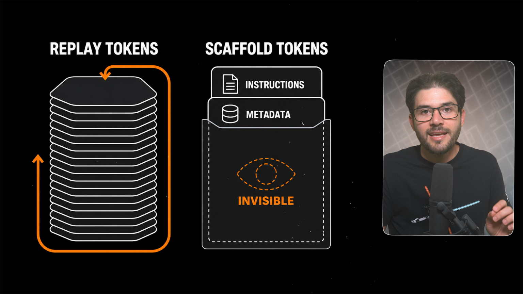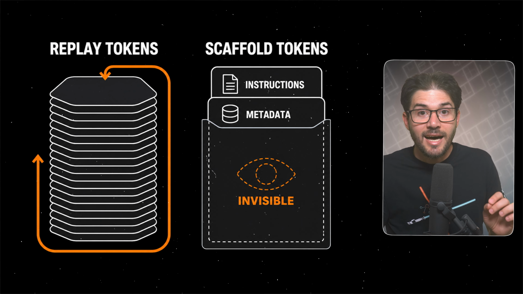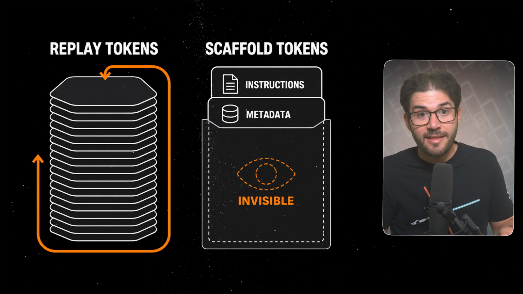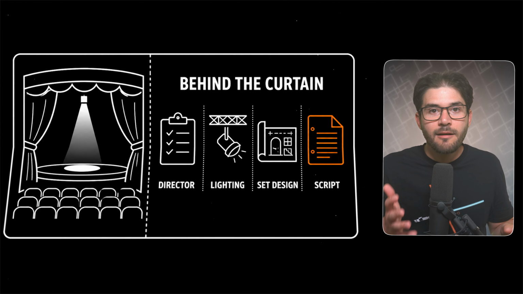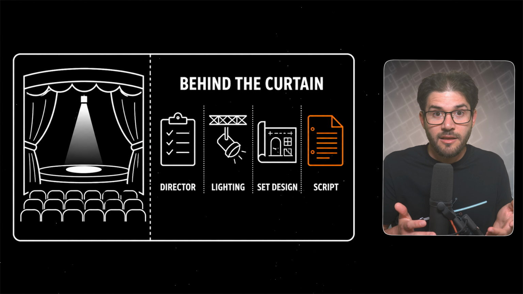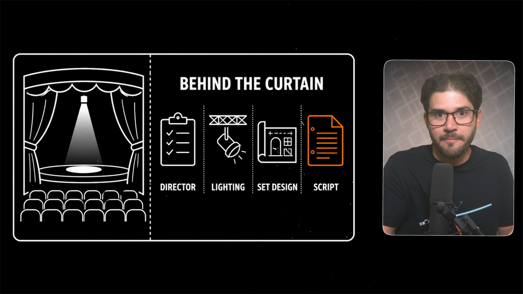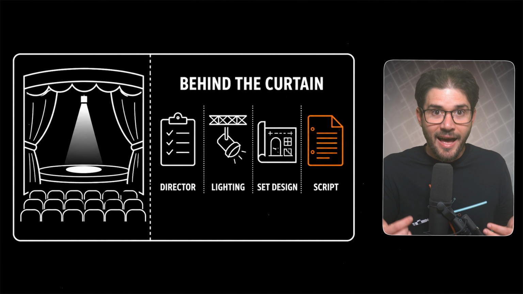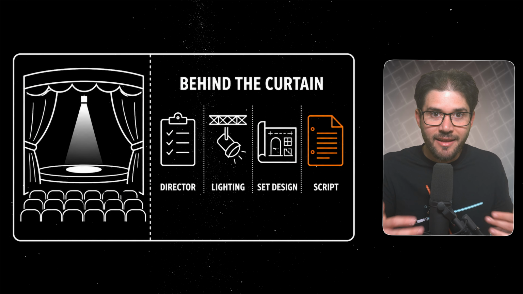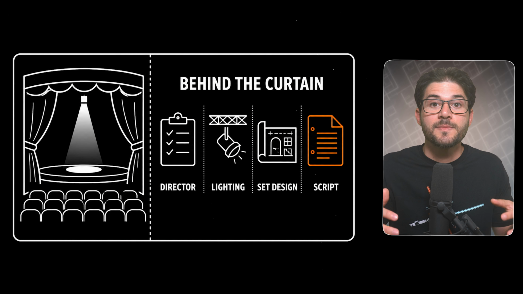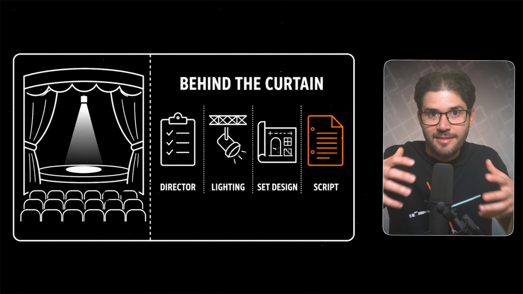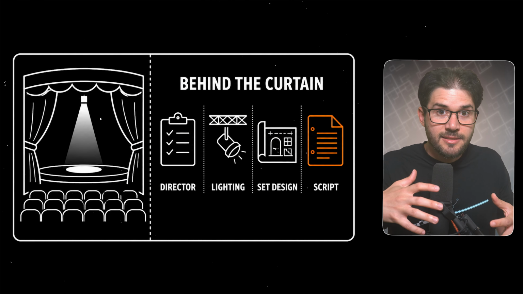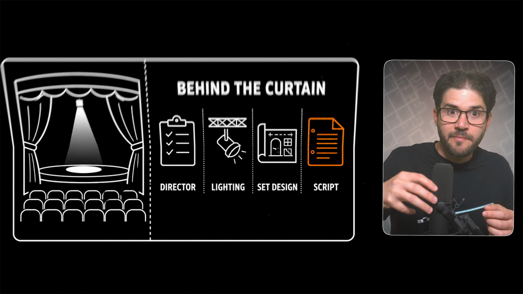The second is a scaffold token. These are instructions and metadata added by the agent's framework that you never see. Think of it like the stage crew for a play. The audience just sees the actors, but behind the curtain are directors, lighting crews, and others setting the designs and following a script. Scaffold tokens are that script.